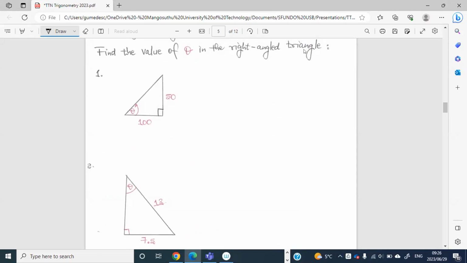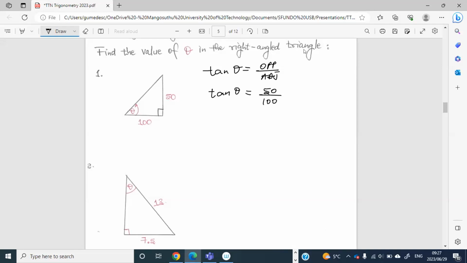And the sides are, with respect to theta, these are opposite and adjacent. So which trigonometric ratio relates opposite and adjacent? Obviously, it is tan theta, which is opposite over adjacent. So in this case, tan theta, our opposite is 50 over 100, right? 50 over 100.